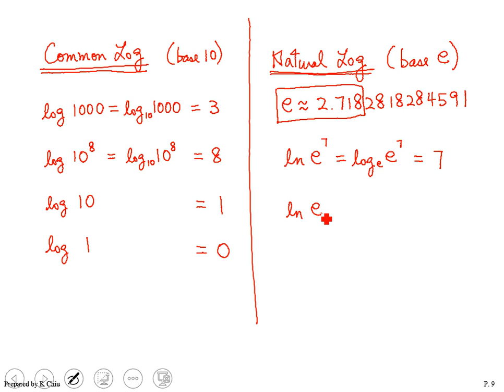What would that equal? That would be 1, because now the base is e. And what would be the natural log of 1? That would be 0. So far so good, right? It's really not that bad.